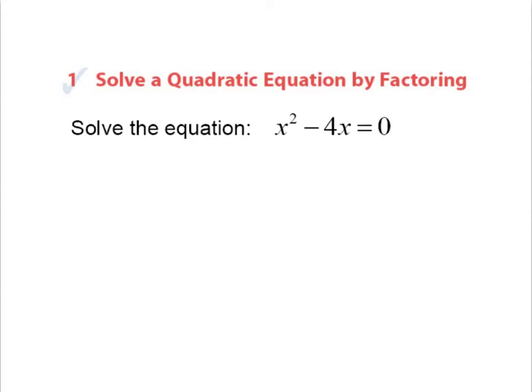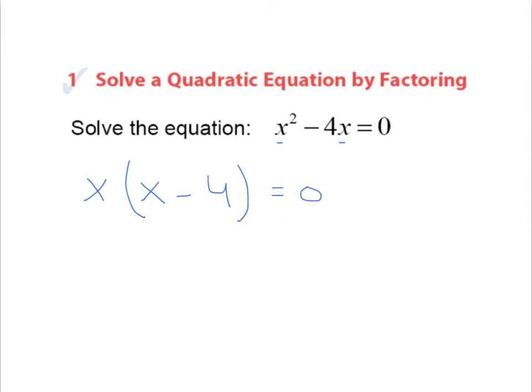Now, if we have this example here, we have x squared minus 4x equals 0. Now we can factor out the common factor, which is x, right? So x is a common factor. If we take x from x squared, we're going to come up with x. And if we take x from negative 4x, we're going to get negative 4, equals 0.